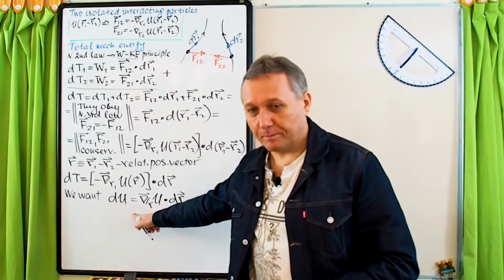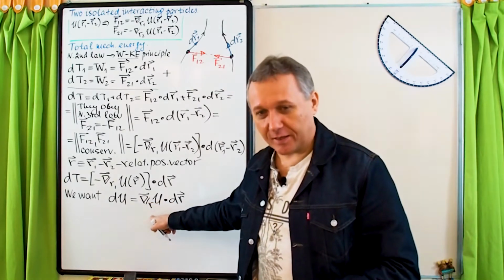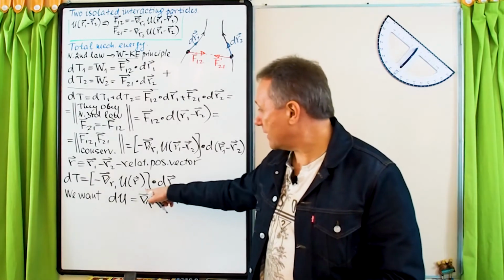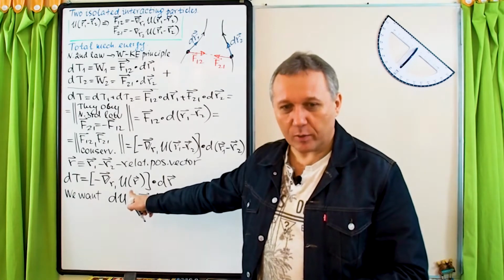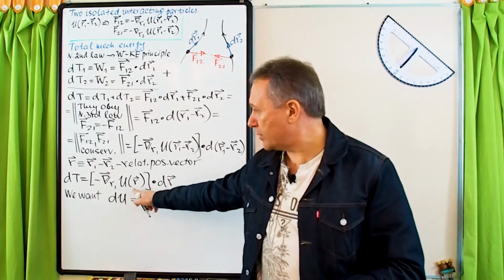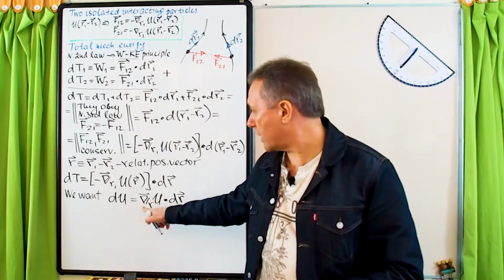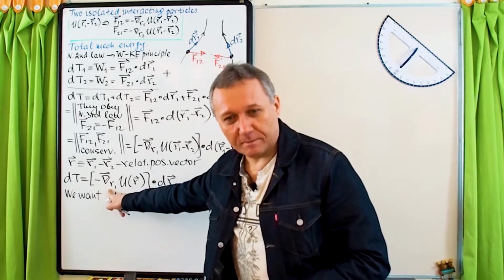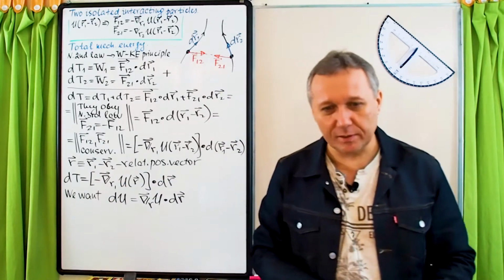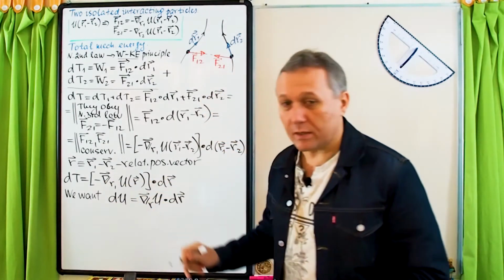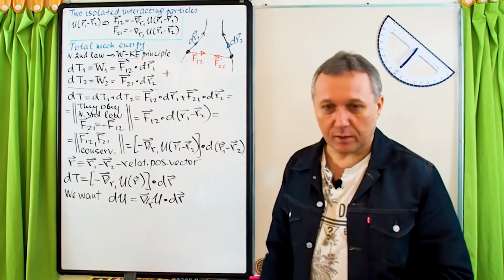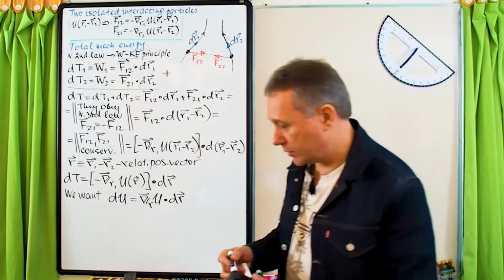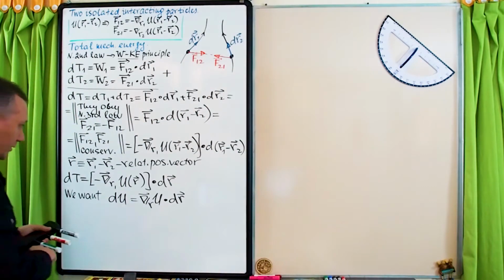In what we want, this gradient is taken with respect to r, the same r as in this differential. But our construction is not ready to be transformed this way, because we have dr, the relative position vector, but the gradient with respect to r1. Not completely ready, right? So we need to do something with this expression first before we can transform it into dU.